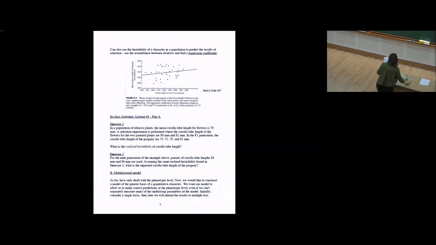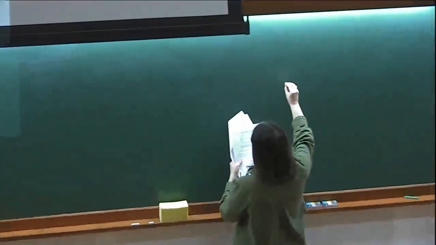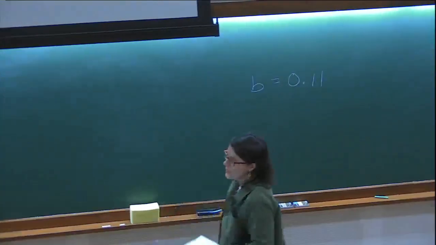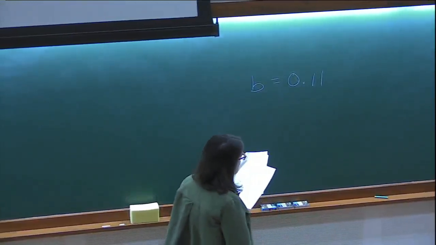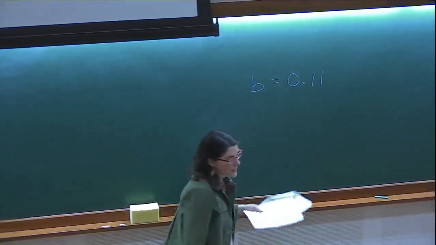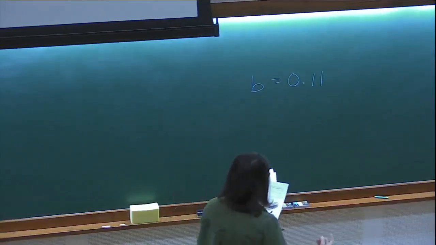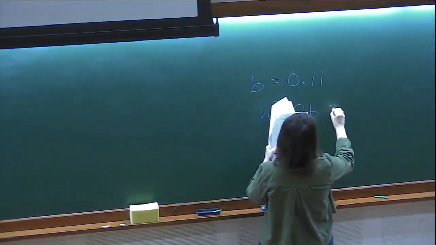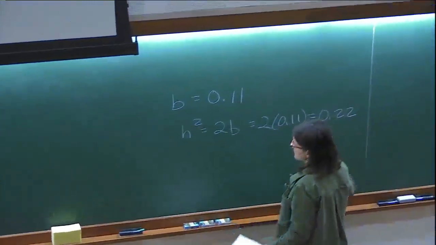For this particular trait, the regression is 0.11. I'm not going to go through the derivation, but it can be shown that in the case that we have a trait in one parent, and the same trait measured in the offspring of those parents, the heritability can be estimated as twice that regression. In that case, it's about 0.22.